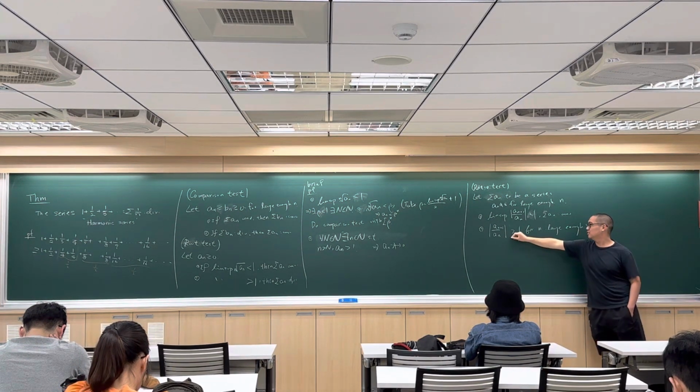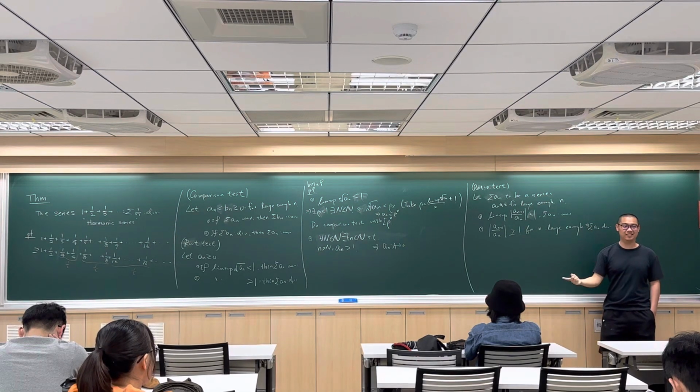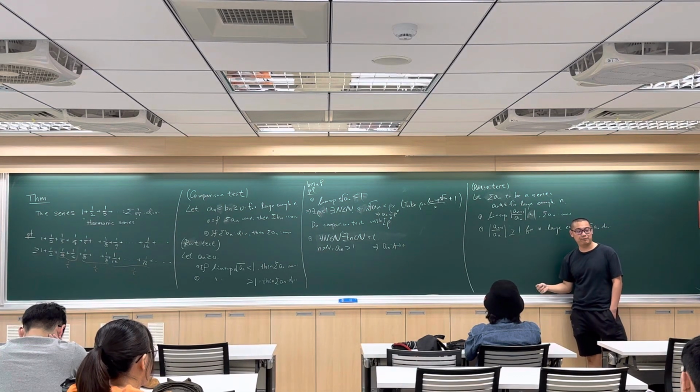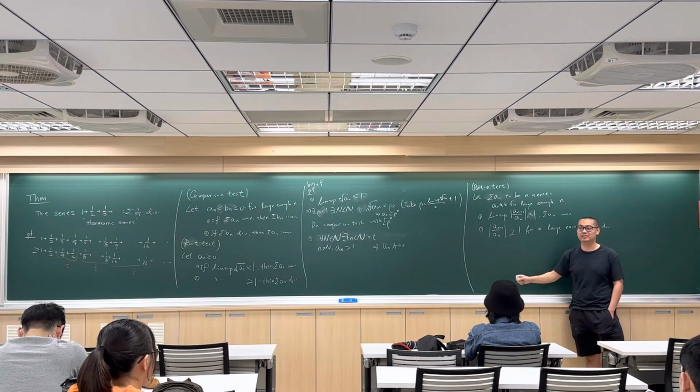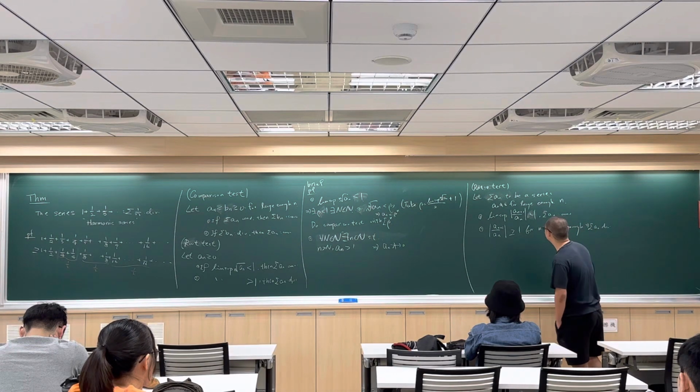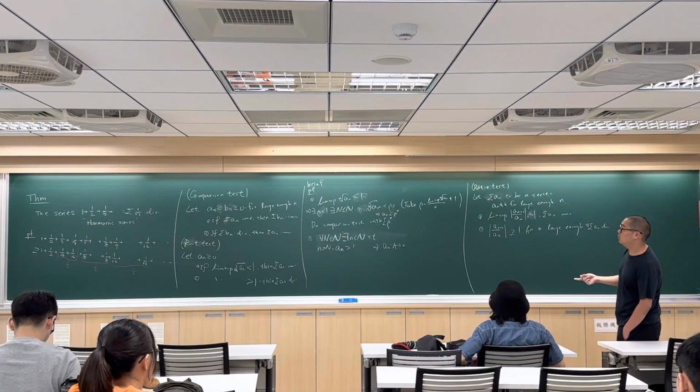If the term increases at some point, the series cannot converge. It's like the term does not converge to zero, so the series cannot converge. Something like that. Okay, cool.